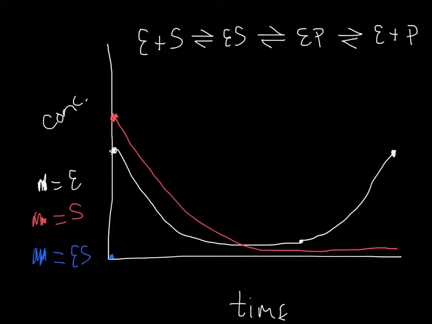It's going to go up. There's going to be a little bit of a lag, and then it's going to go up. And then it's going to be steady, because it's at equilibrium with EP. And then at some point in time, it's going to go back down, because you're going to start to run out of things. It may not go exactly to 0. In a perfect world it would, but it may not.